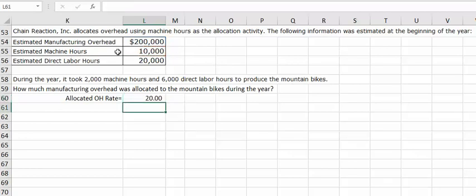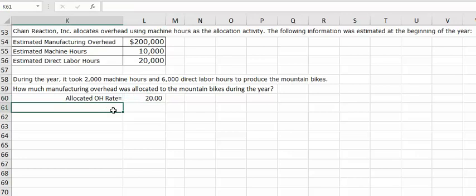The machines not only make mountain bikes, but they also make the road bikes. So now that they've figured out their rate, every time an hour of machine use goes into making a mountain bike, $20 needs to be allocated to the mountain bike's costs.